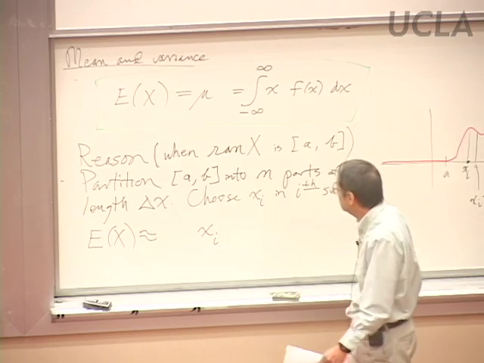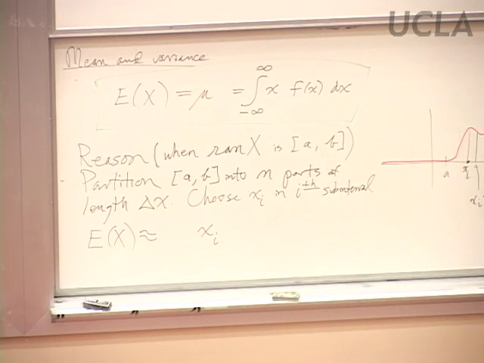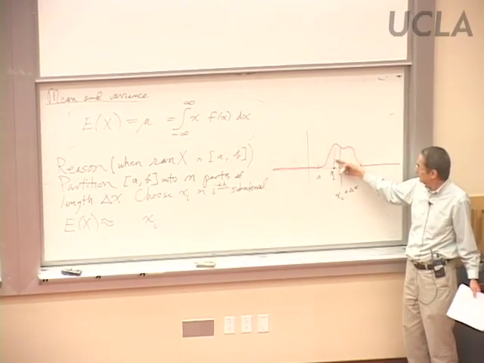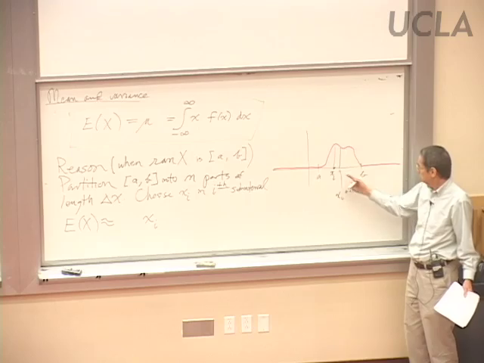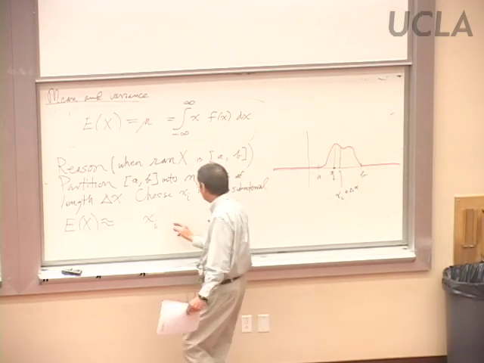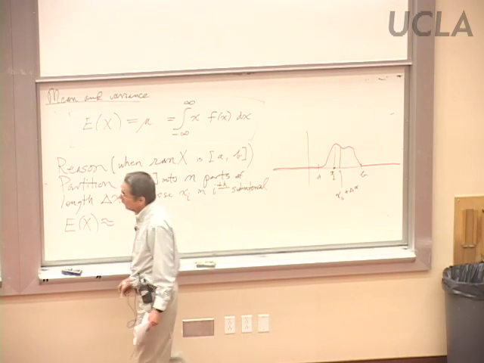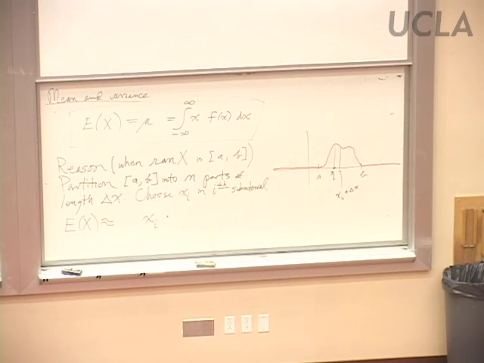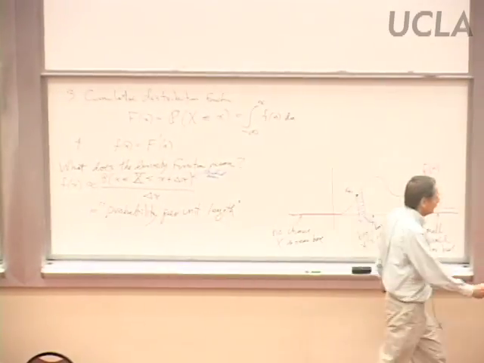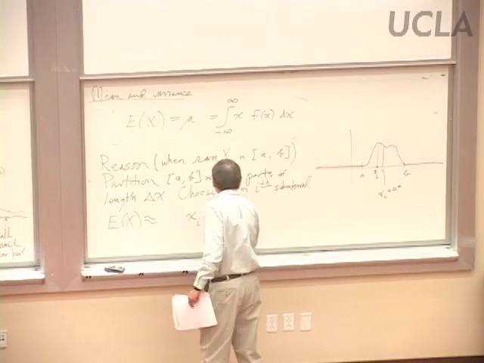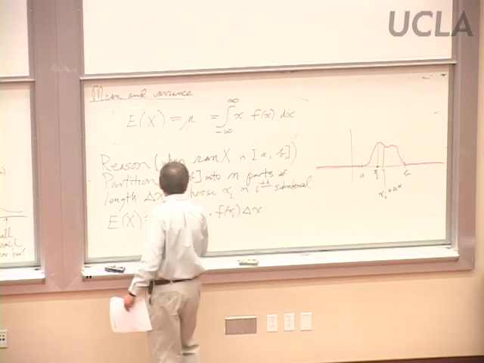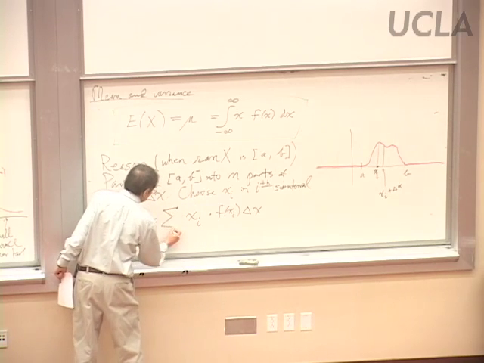What if we take x sub i, weighted with the right probability, the probability that we get something between x sub i and x sub i plus delta x? Well, that probability is about f of x sub i times delta x. And then we will add these up.